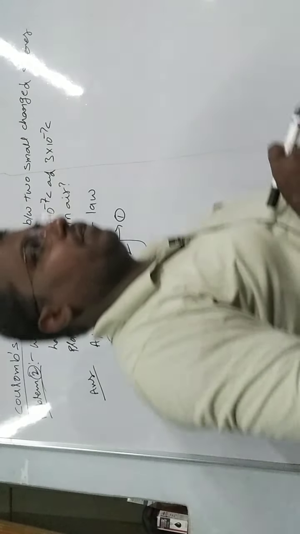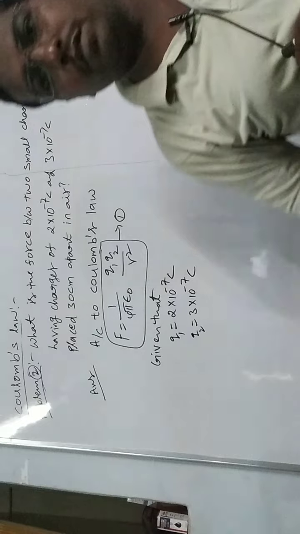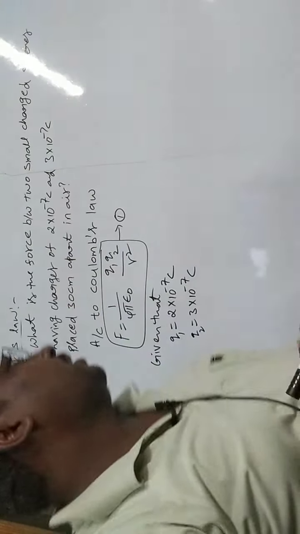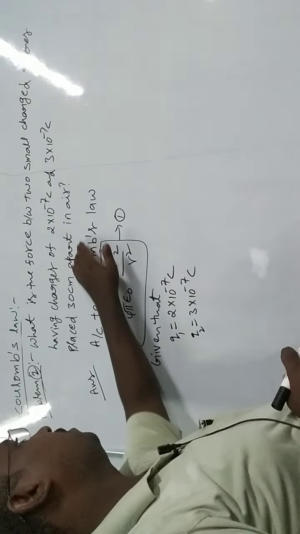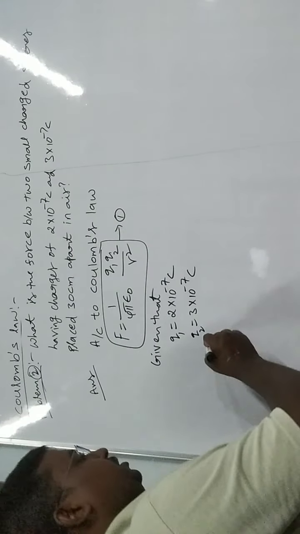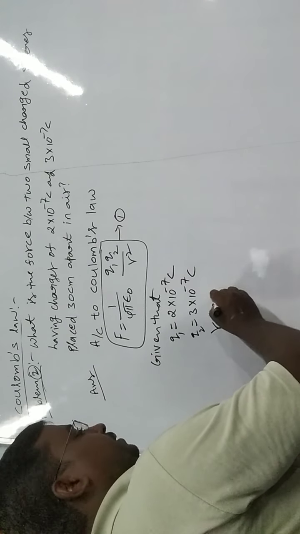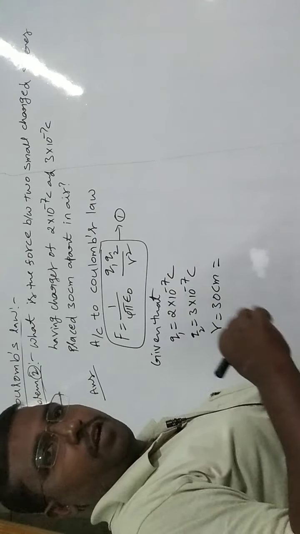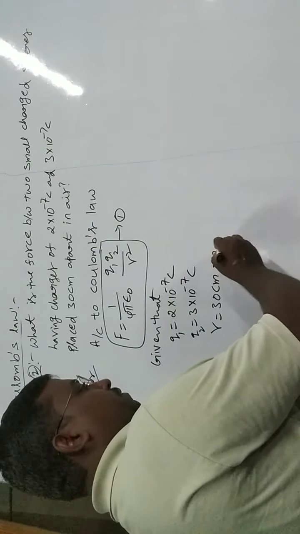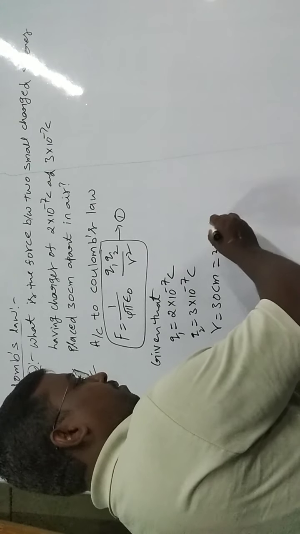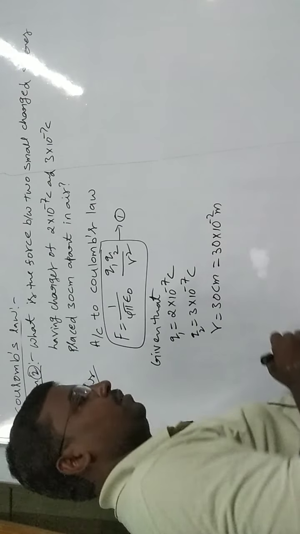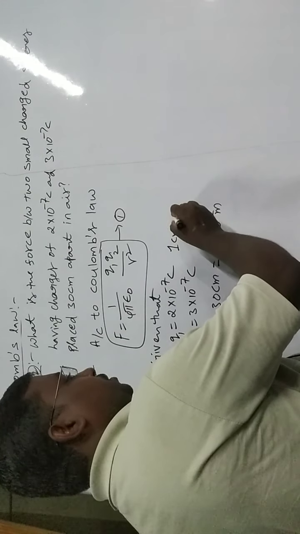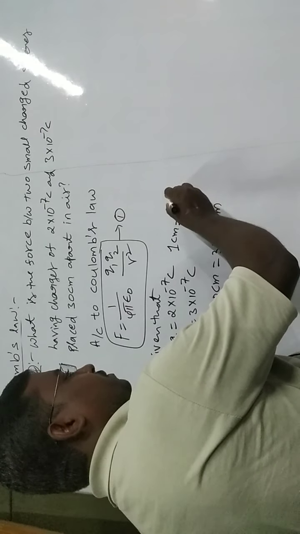Then we write the distance. What is the distance between these two charges? They are separated apart in air. That is, the distance R is equal to 30 centimeters, and this will be converted to meters. Centi value is 10 power minus 2 meters. 1 centimeter equals 10 power minus 2 meters. You remember this one.